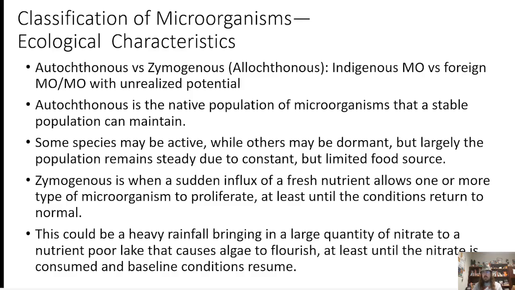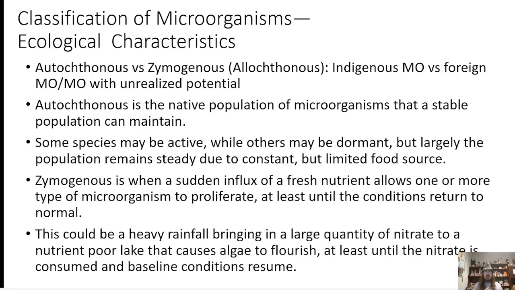by family, that is the 5 classes. But we can also talk about them on ecological characteristics, such as autochthonous versus zymogenous or allochthonous. And basically, whether they're an indigenous microorganism or a foreign microorganism, or essentially a microorganism with otherwise unrealized potential.